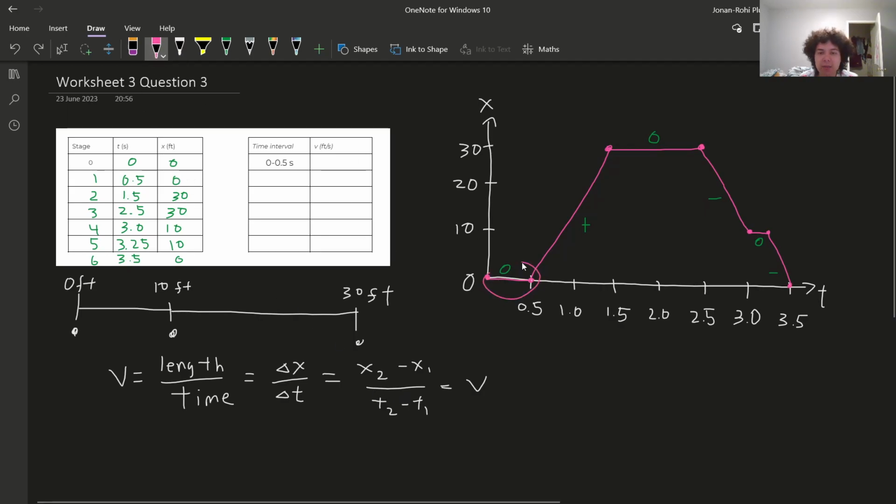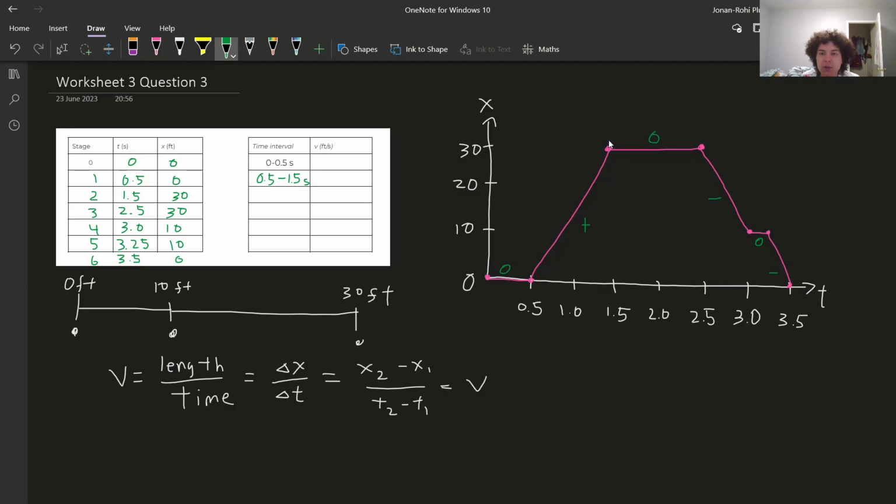For every time interval that we care about, every time interval where the bird is doing something unique or different, we're going to make that a time interval in our table here. So let's talk about what time intervals are interesting. The first interesting time interval is when the bird's stationary. The next one is when the bird's moving to the third flower, so that's 0.5 to 1.5 seconds.